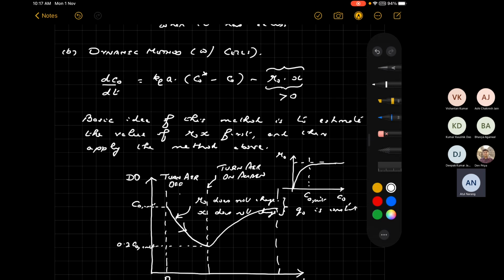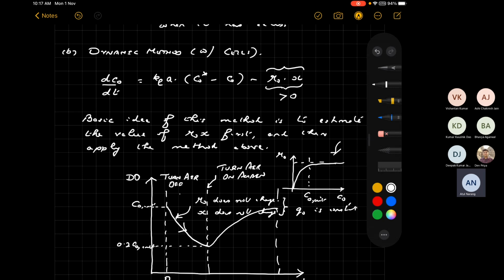Let me repeat. The critical dissolved oxygen concentration, which is approximately 1/10 to 1/20th of CO star, is the concentration below which RO declines with the dissolved oxygen concentration. That is shown in the figure over here.